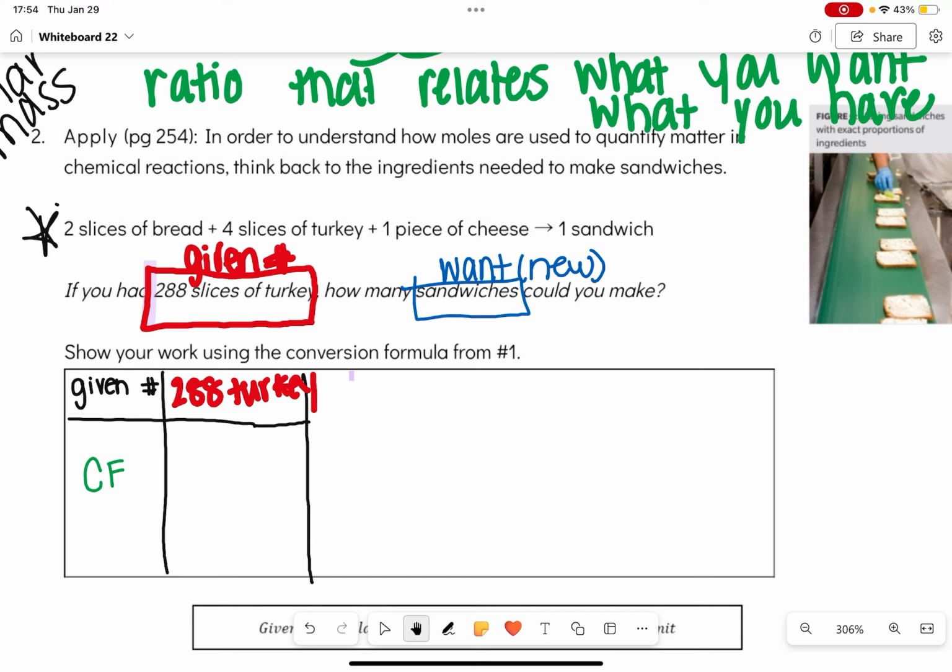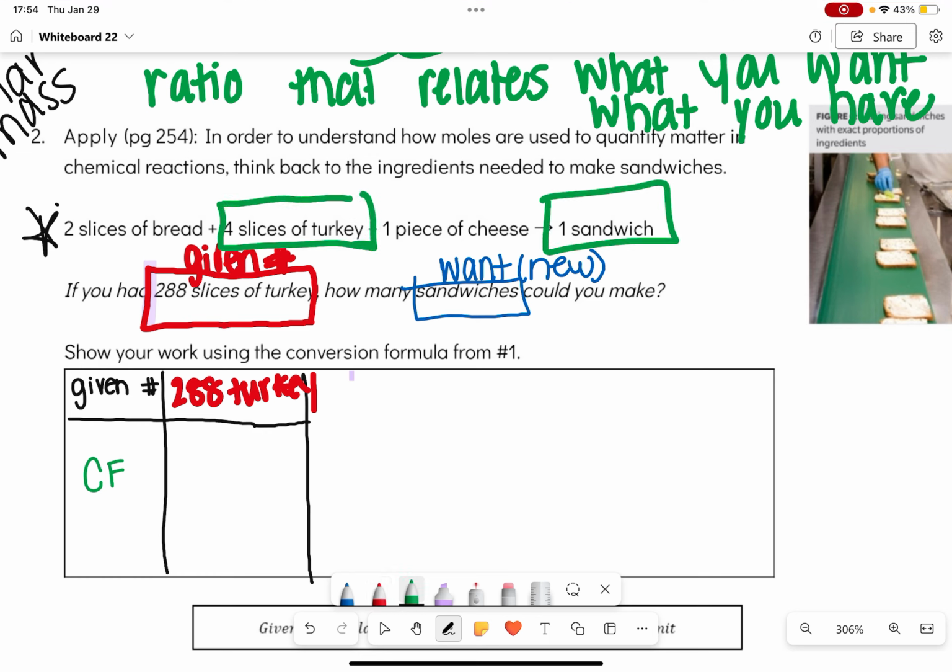So my conversion factor is how I relate the amount of slices of turkey I have to how many sandwiches. And we get that specifically from our equation. So my conversion factor is going to be 4 slices of turkey equals 1 sandwich. And I am going to write those specifically in my old and new unit colors.